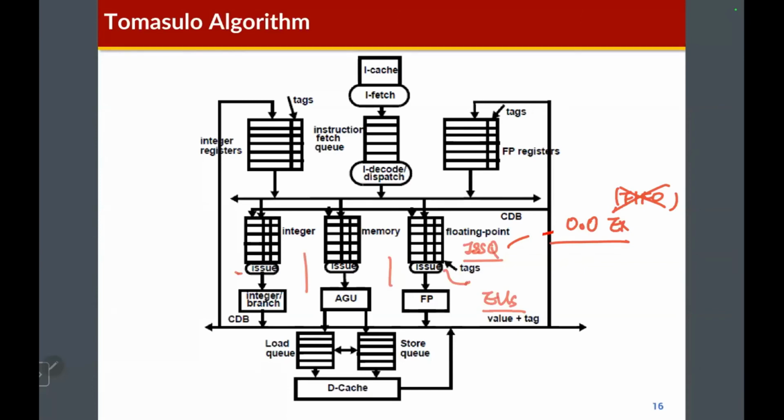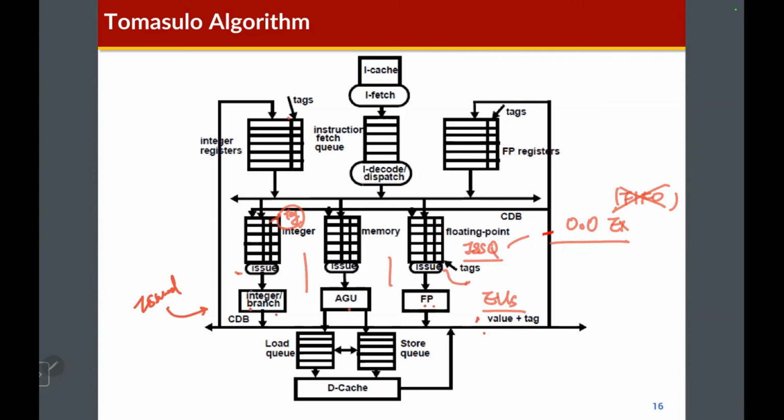That's it. And also the tag is assigned. Then the tag is also here. When the instruction is ready in the issue queue, this instruction is issued to the execution units, like the integer unit, branch unit, and then AGU, and then the floating point unit.